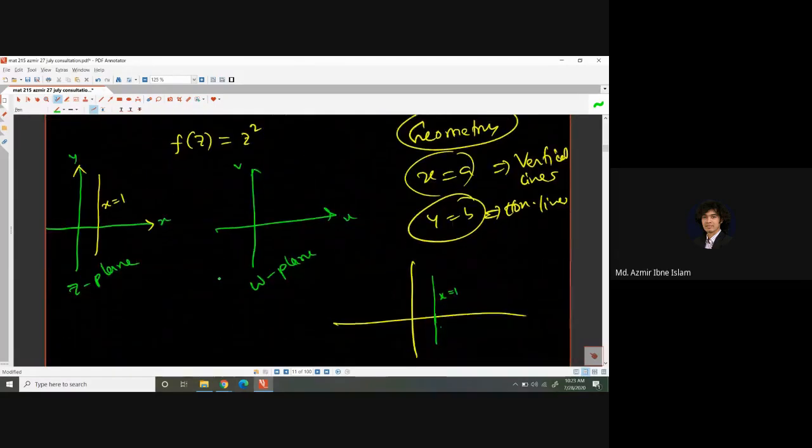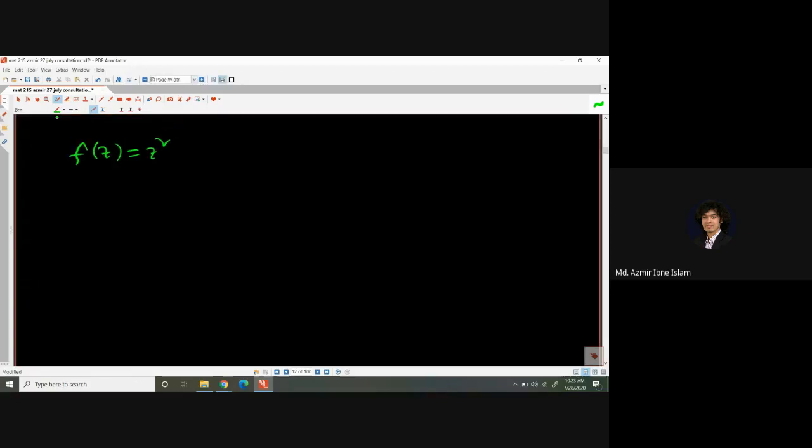So our f of z function is z squared. So f of z equal to z squared. You already know how we can find the real part and imaginary part of this. So let's say this is w. You know that from the very beginning of this course, you were using z equal to x plus iy. So inside z, we are just inputting x plus yi.